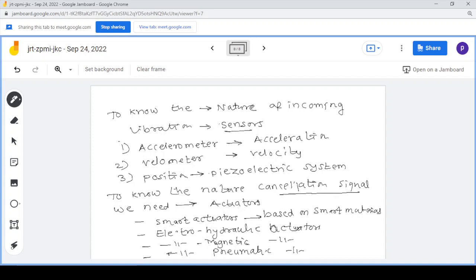Once we know the response which is provided by the incoming vibration through one of the sensors, we can use the different actuators to generate the cancellation signal which will neutralize the total vibration produced.